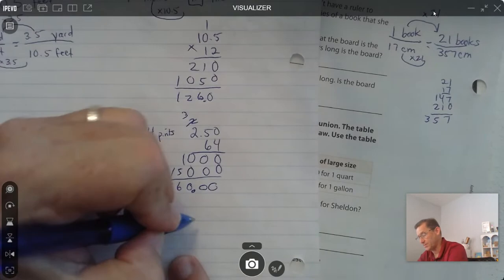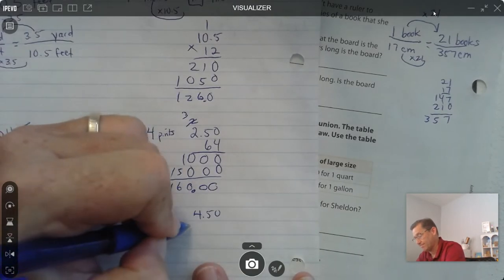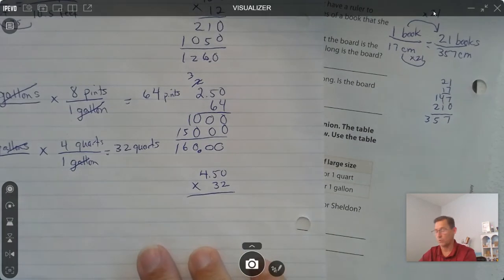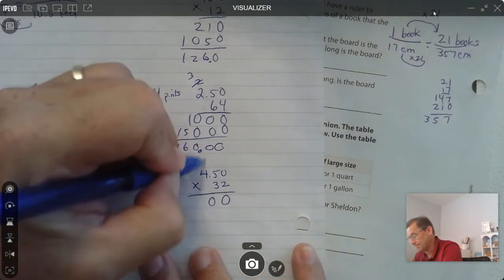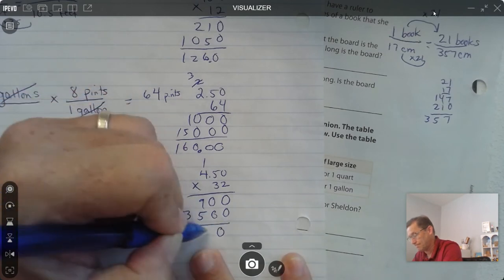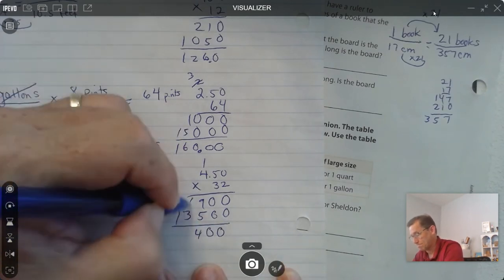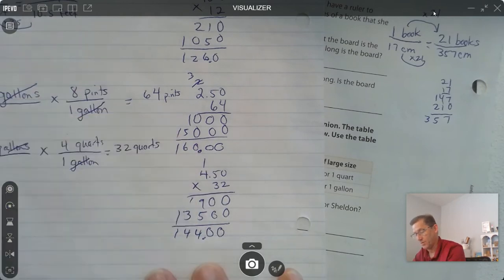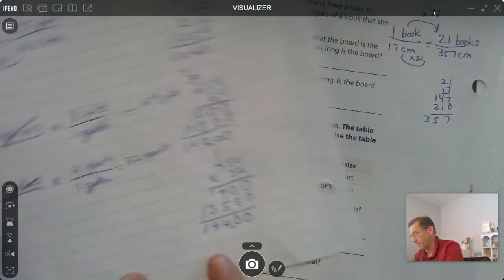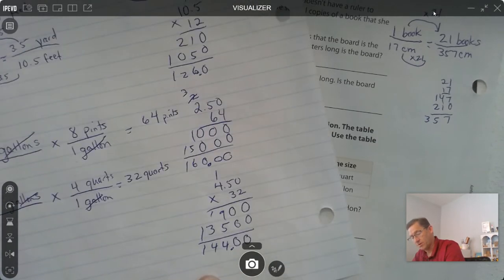And 32 times 4.50. Okay. Every quart is $4.50. So $144 for the large size.